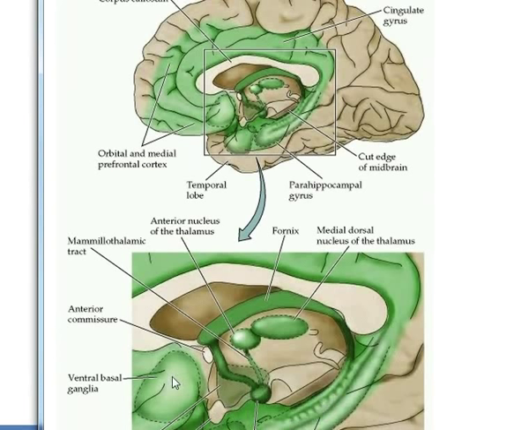Some of the nuclei of the thalamus, so here's your thalamus here, and your thalamic nuclei particularly involved in the limbic system are the medial dorsal nucleus of the thalamus and the anterior nucleus of the thalamus. And again, here you have your fornix, which we saw earlier, leading down to your mammillary body here.